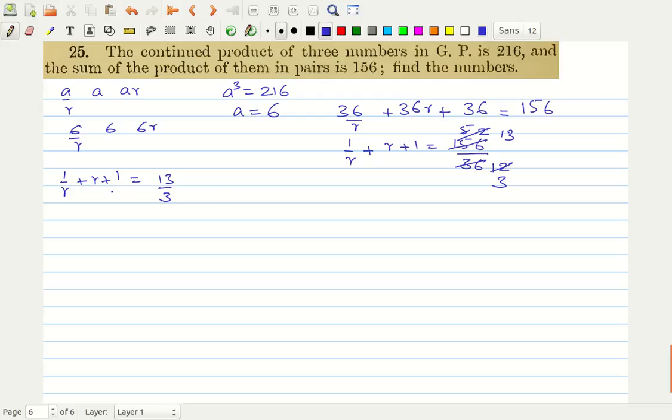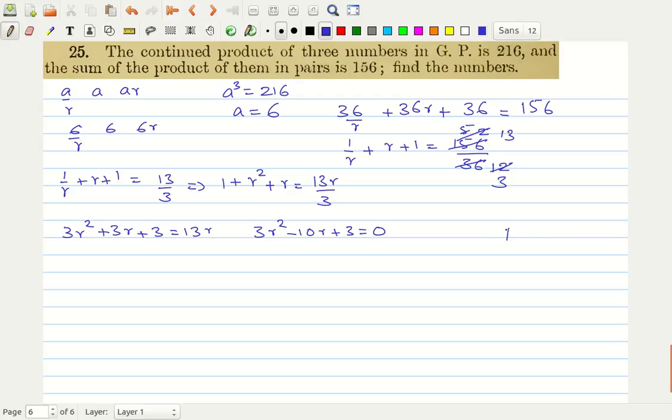Now if you multiply the entire expression by R, you get 1 plus R square plus R is equal to 13R by 3, and 3R square plus 3R plus 3 is equal to 13R, and this means that 3R square minus 10R plus 3 is equal to 0.